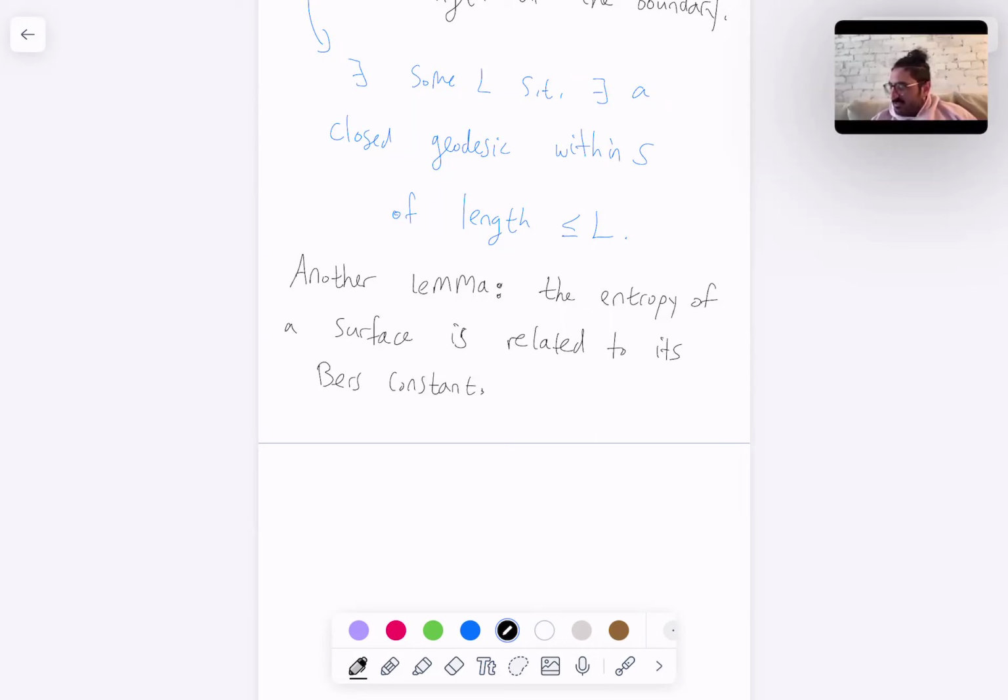So in other words, small Bers constant implies large entropy. In other words, if you can find even one closed geodesic with length under a small bound, then you can use very basic topology and hyperbolic geometry to argue that in fact you can find many. And so if the Bers constant is small, the entropy has to be bounded from below.